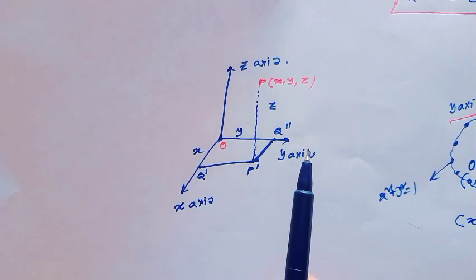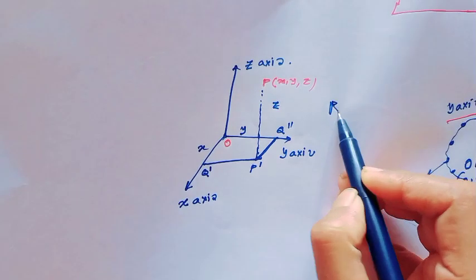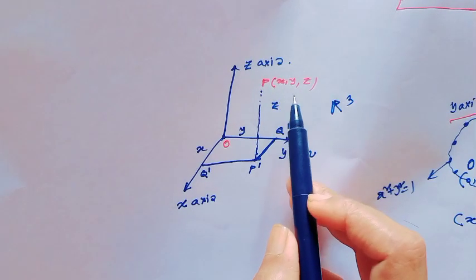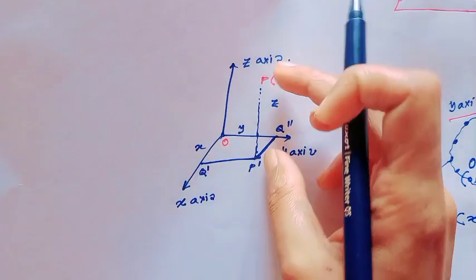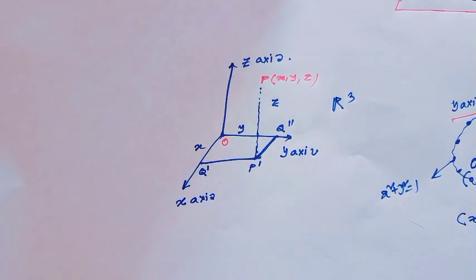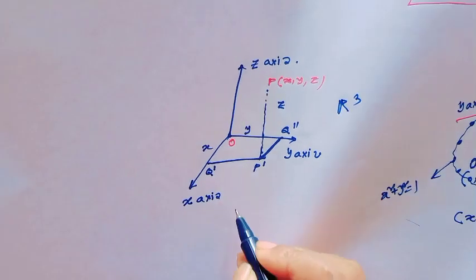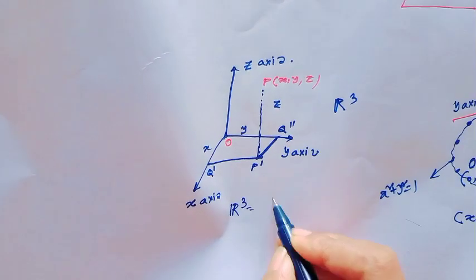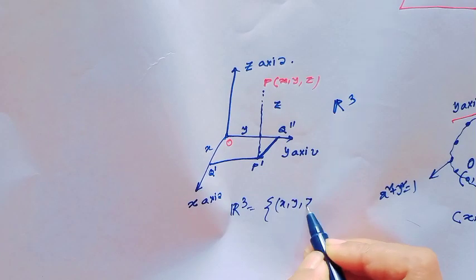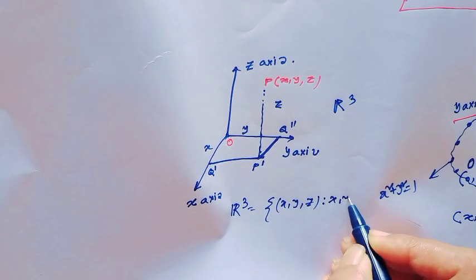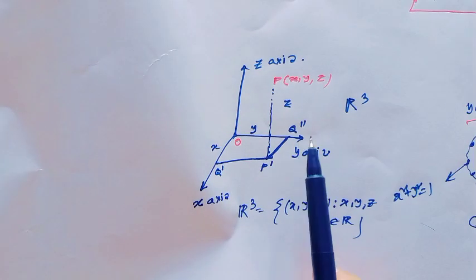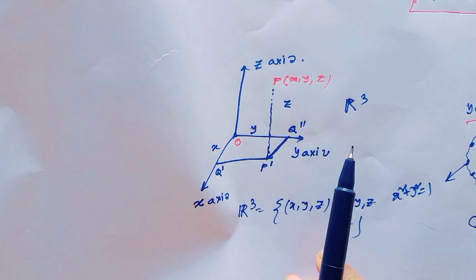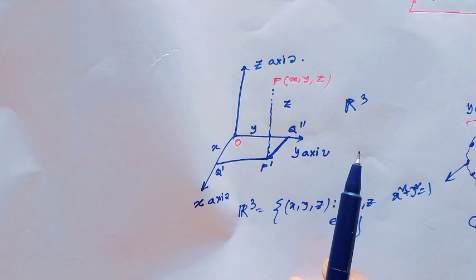If we consider R3, then the point looks like (x, y, z). This represents height, length and breadth. In R3 the point looks like (x, y, z) such that x, y, z belong to R. This point is a vector because it has a magnitude and direction.